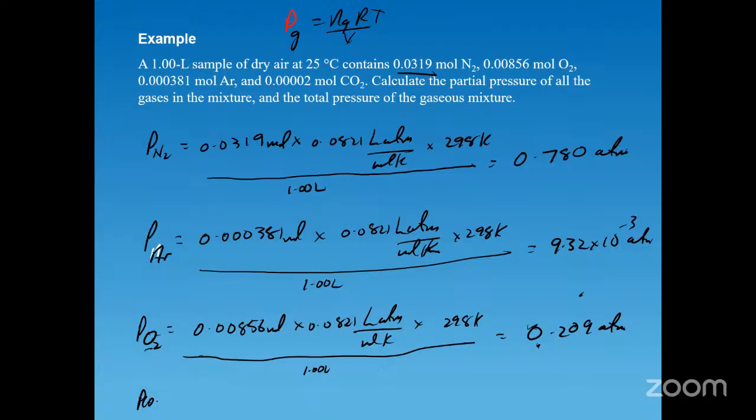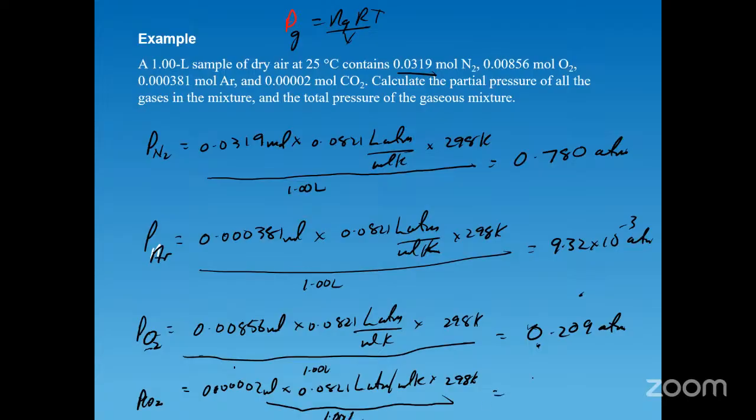And then finally, in the case of carbon dioxide, PCO2 would be equal to 0.00002 moles times 0.0821 liters atmospheres over mole Kelvin times 298 Kelvin, all over 1.00 liters.